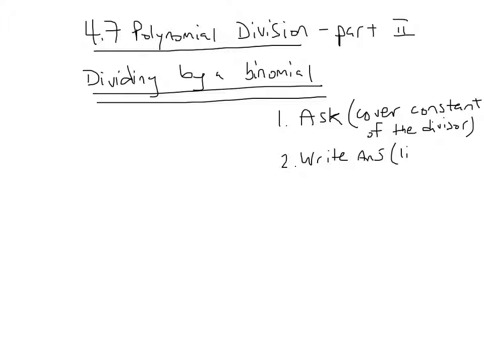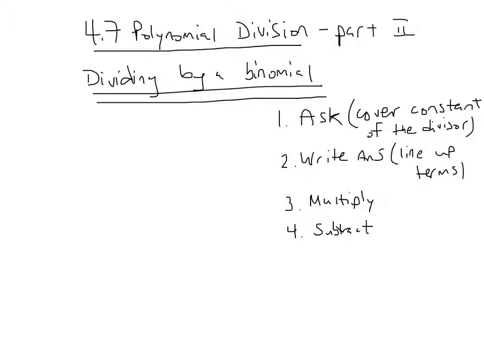And I'll write another note here. We need to line up our terms. That will become clear later as well. Then we're going to multiply. No note necessary here. After we multiply, we're going to subtract.